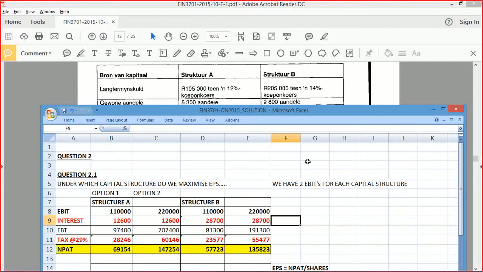Okay, so we've got 97,400. That's a 29% tax rate, yes.